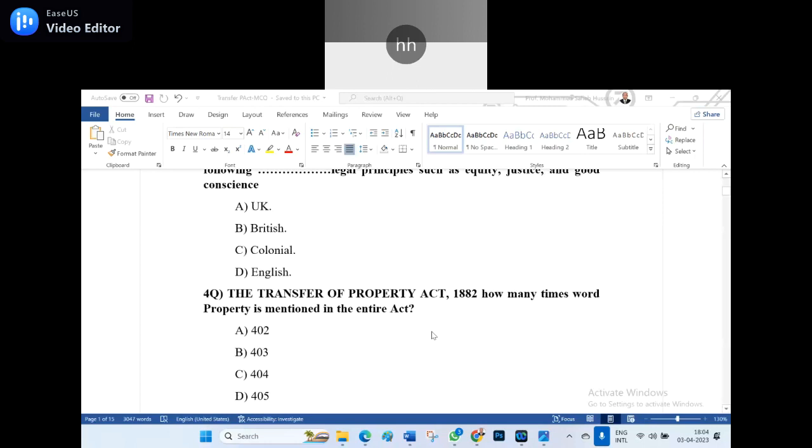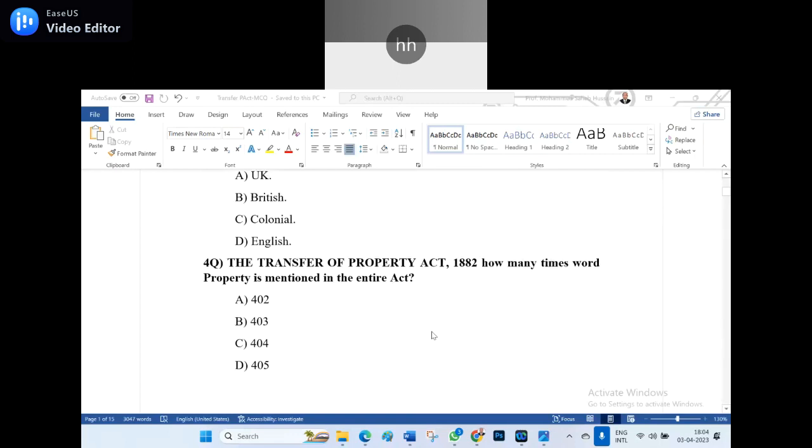Now the fourth question. The Transfer of Property Act 1882 has how many times the word property mentioned in the entire Act? B, 403. It's not clearly mentioned.